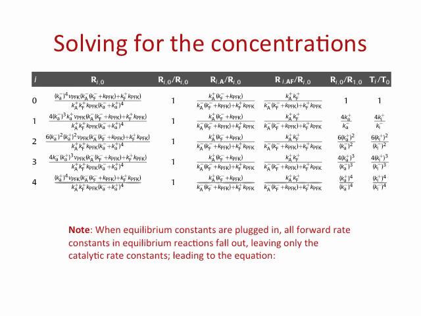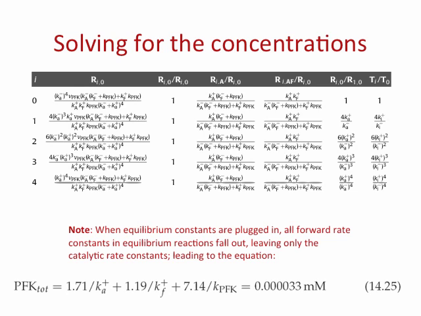The equilibrium constants are known, so the forward rate constants in the equilibrium reactions disappear when you do the algebra. And this leads us to one equation with three unknowns. These are the on rates for ATP, for fructose 6-phosphate, and then the turnover time.